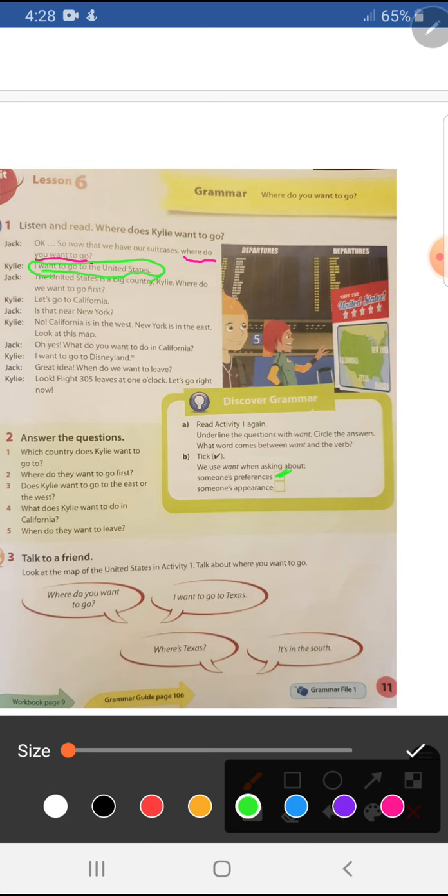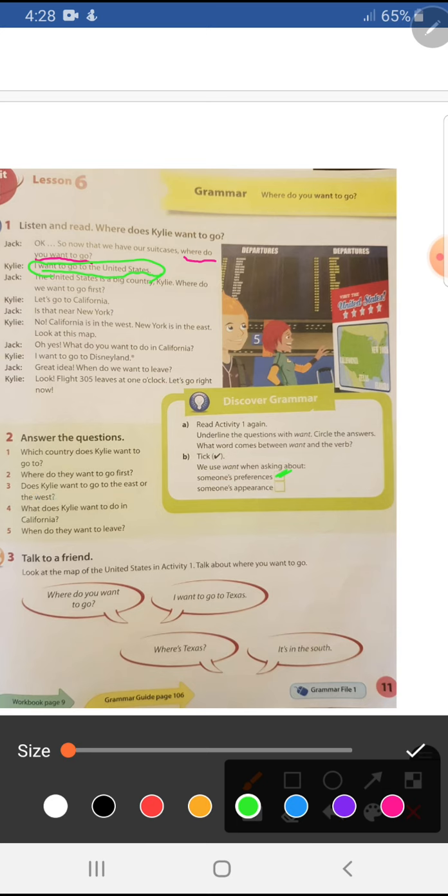Which country does Kylie want to go to first? She wants to go to the USA. Number 2, where do they want to go first? She wants to go first to California.